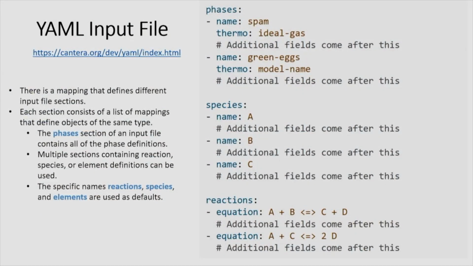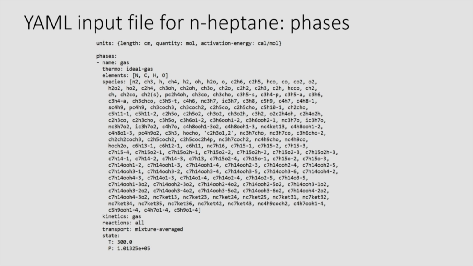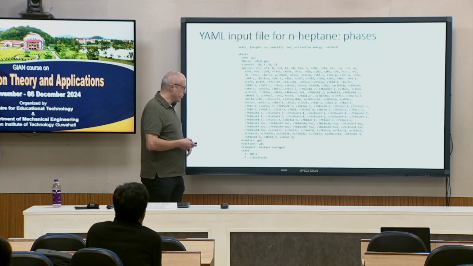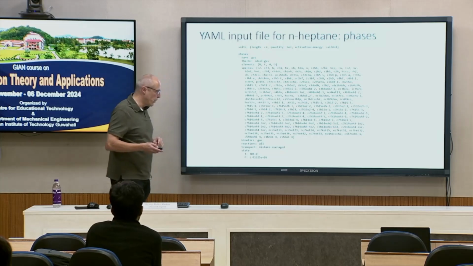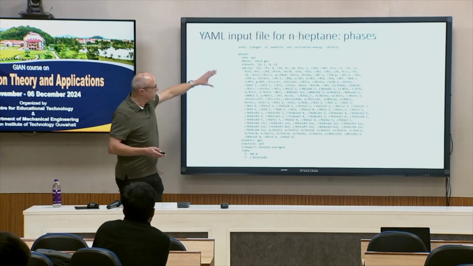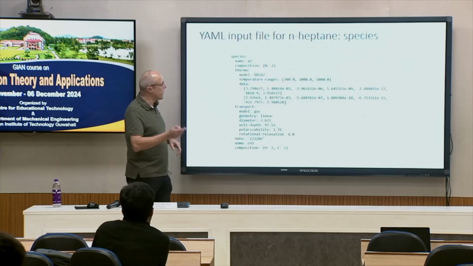But of course, this has to be in a correct format, otherwise your simulation won't work. For this example here, you can see 160 species as a list. The elements are given here, so nitrogen, carbon, hydrogen and oxygen. Some keywords here we don't have to bother about today, but that's the definition of our phase.